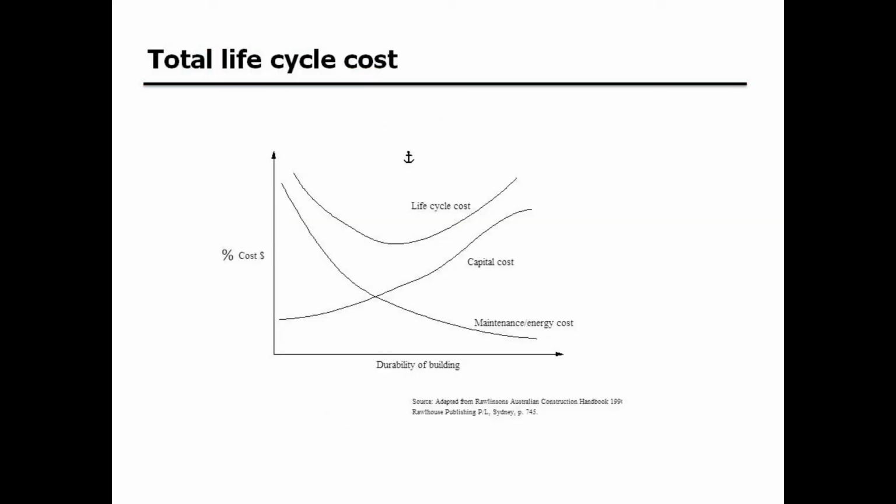The diagram here demonstrates the percentage of cost over the life of the entire building. So clients can establish the best value for money solution to meet their needs by considering where the costs are likely to occur.